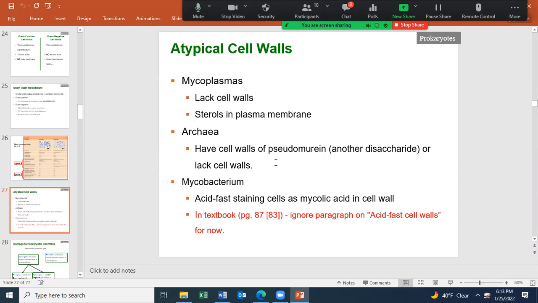And some of the archaea actually even lack a cell wall. So the archaea have different cell walls, okay? And we're not really going to talk much about the archaea in this class. The reason for that is not that they're interesting, it's just that there's no archaea known that causes human disease.